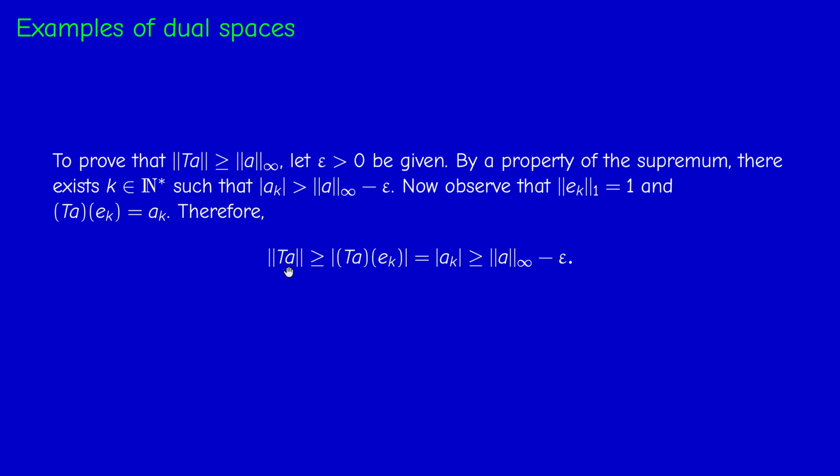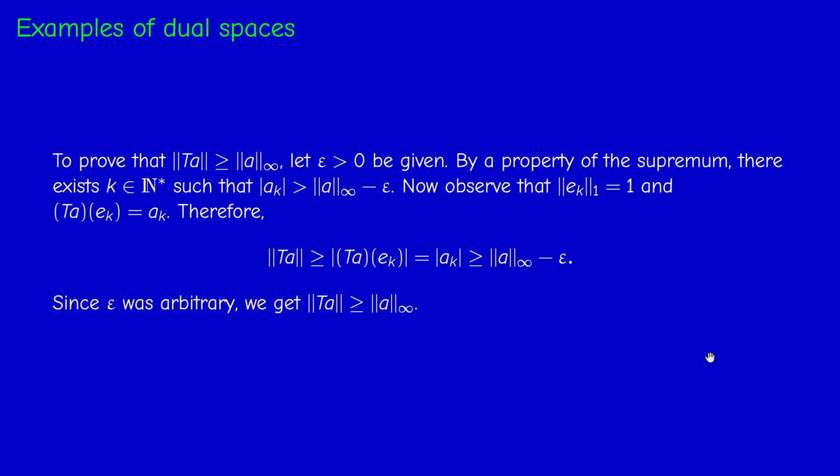So therefore, by definition, the norm of T_A is bigger or equal than the absolute value of T_A evaluated at e_k, because e_k is on the unit sphere and this is the supremum of |T_A of x| on the unit sphere. And this is just the absolute value of a_k, which is by construction bigger or equal than the norm of A infinity minus epsilon. And since epsilon was arbitrary, I let epsilon tend to 0, and I get the norm of T_A bigger or equal than the norm of A infinity, and therefore we have equality, and therefore T is an isometric isomorphism.